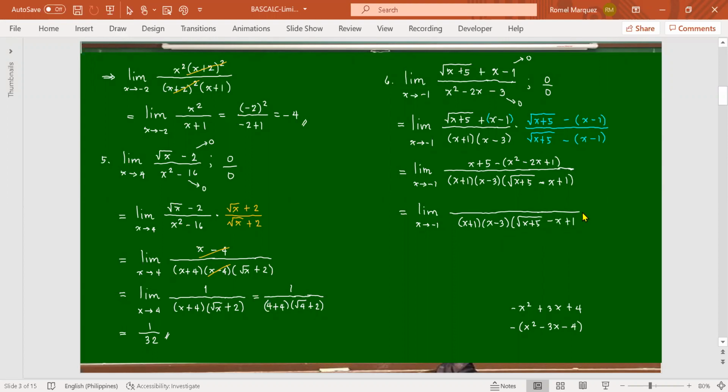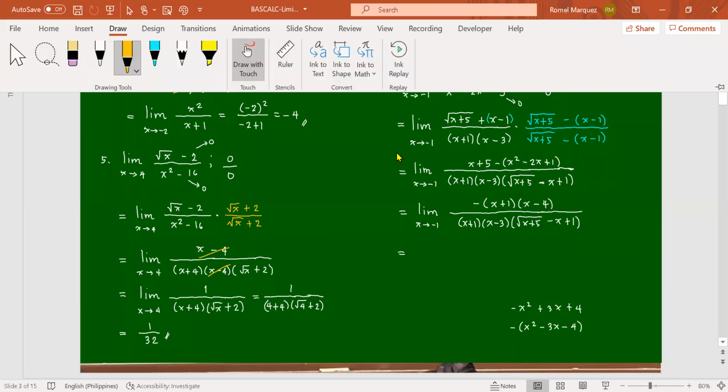In the numerator, we have negative of x plus 1, x minus 4, no? What is now left in the numerator after canceling out x plus 1?